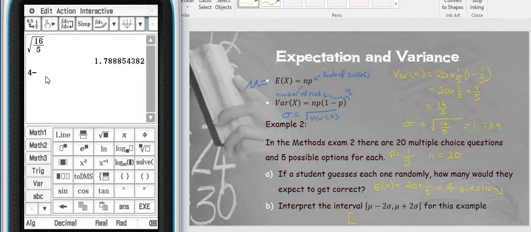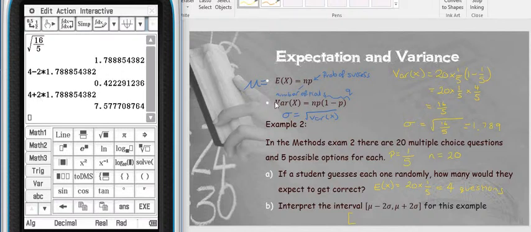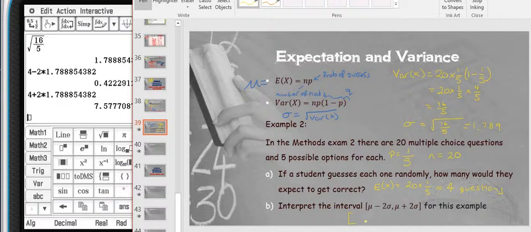So we've got 4 minus 2 times our value from here. And the other one is going to be the same, but we're going to add 2 times the standard deviation. Okay? So what we get therefore is that our values go between 0.422 up to 7.577.